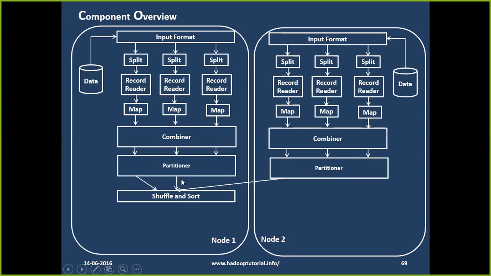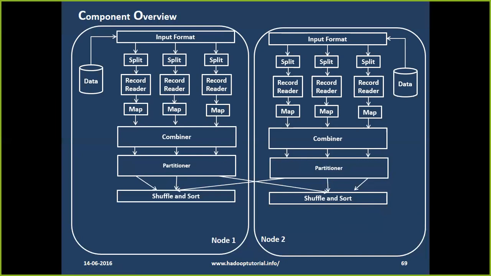These 2 files will be sent to the shuffle and sort phase, and here again 2 files will be sent. Now in shuffle, part 0 files will come here and part 1 files will go here.